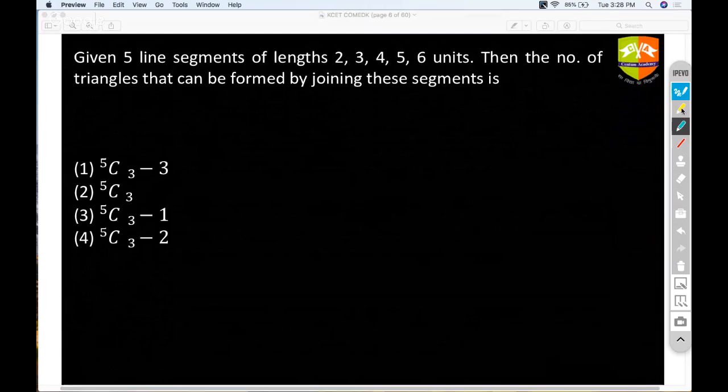This is your question number 6, by the way. So if you are typing in your response, please mention this question number.